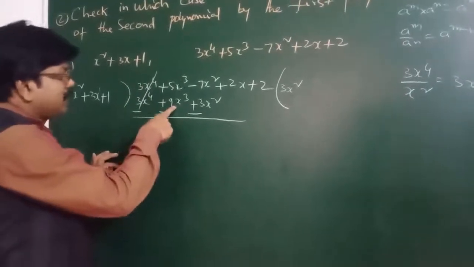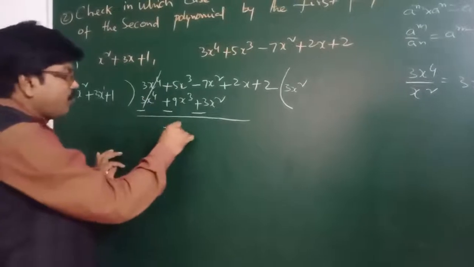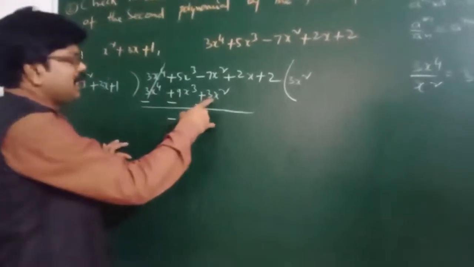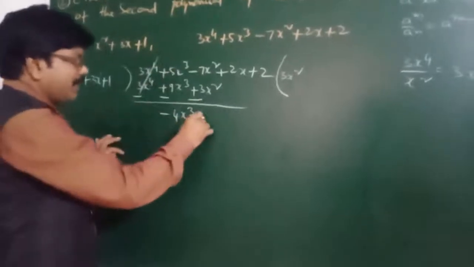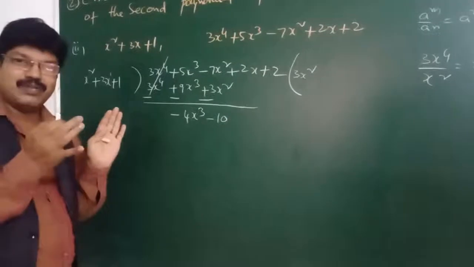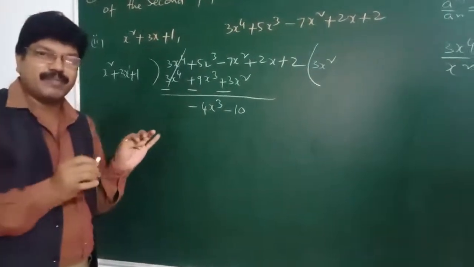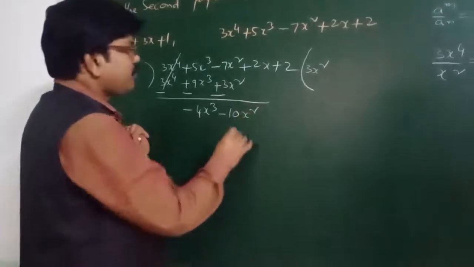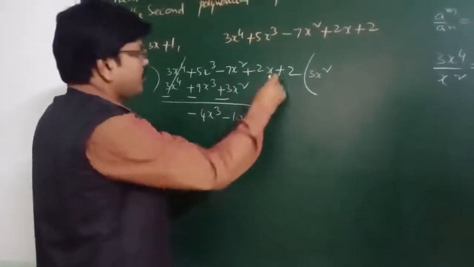Minus 9 plus 5, minus 4x cube. Minus 3 minus 7, minus 10. Both are minus, so we add the values and put the minus sign: minus 10x square. Now get down 2x.